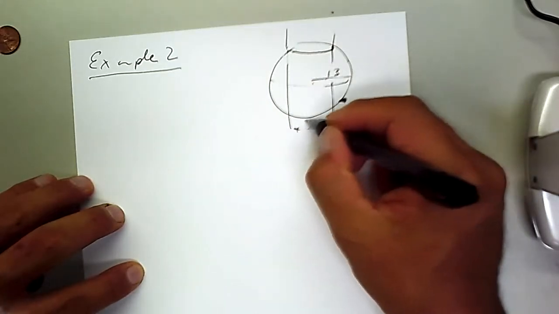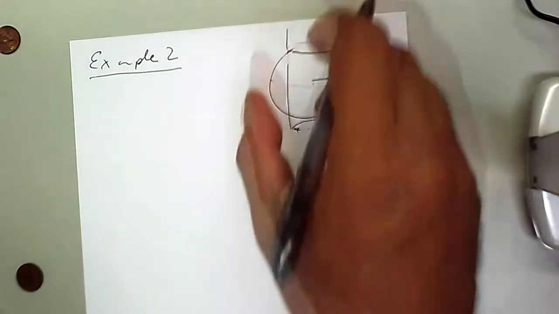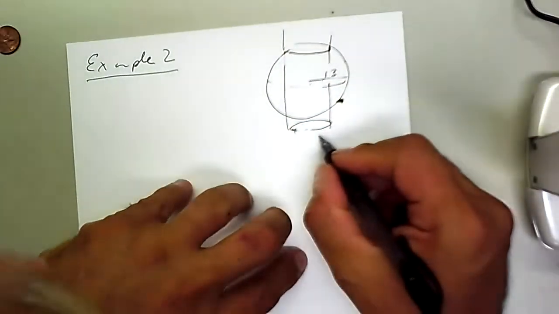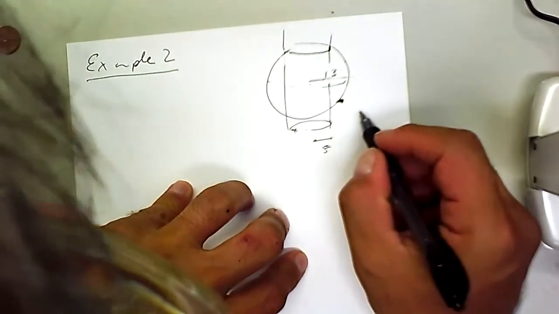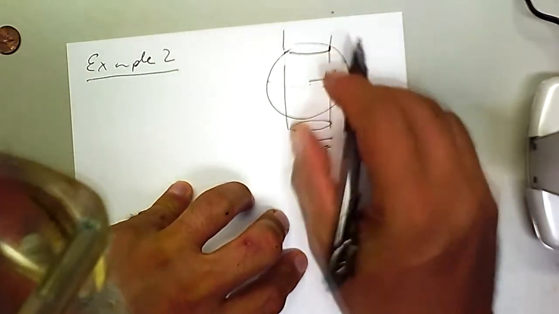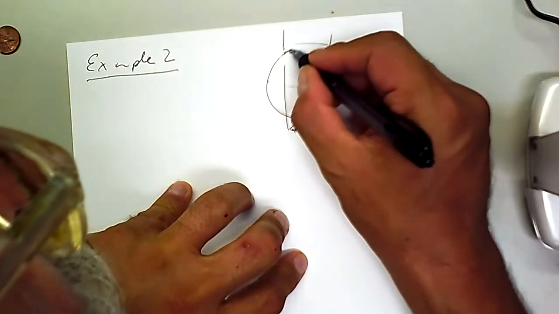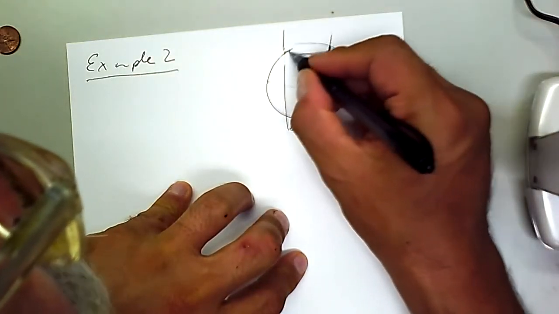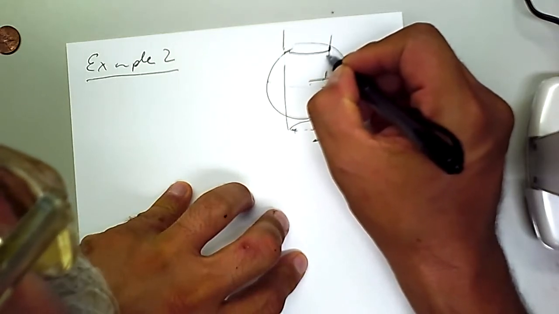So it's a circular cylinder that crosses the ball through the center, and the radius of the cylinder is 5 units, and the radius of the ball is 13. The question is, when we cut the sphere, we're going to have a cap here, and we want to know the area of that cap on top of the sphere.